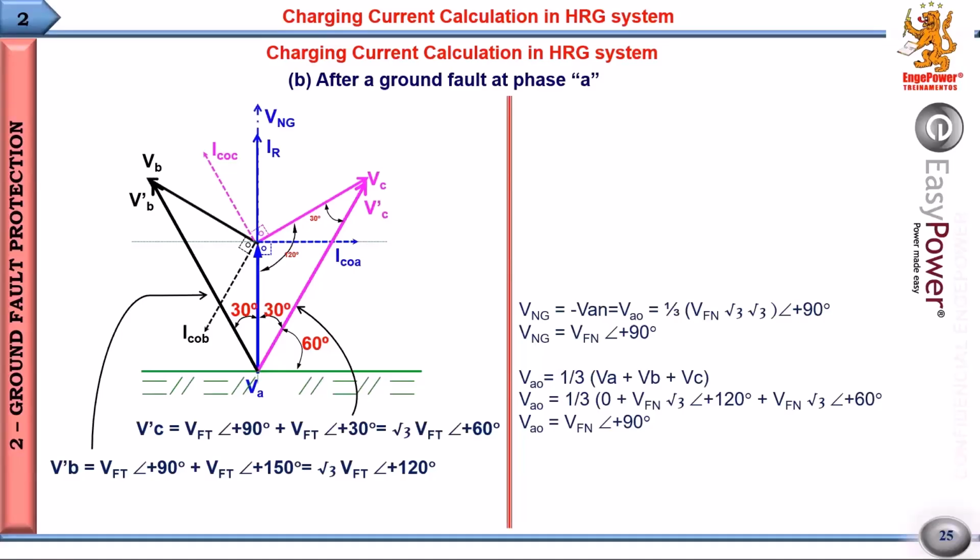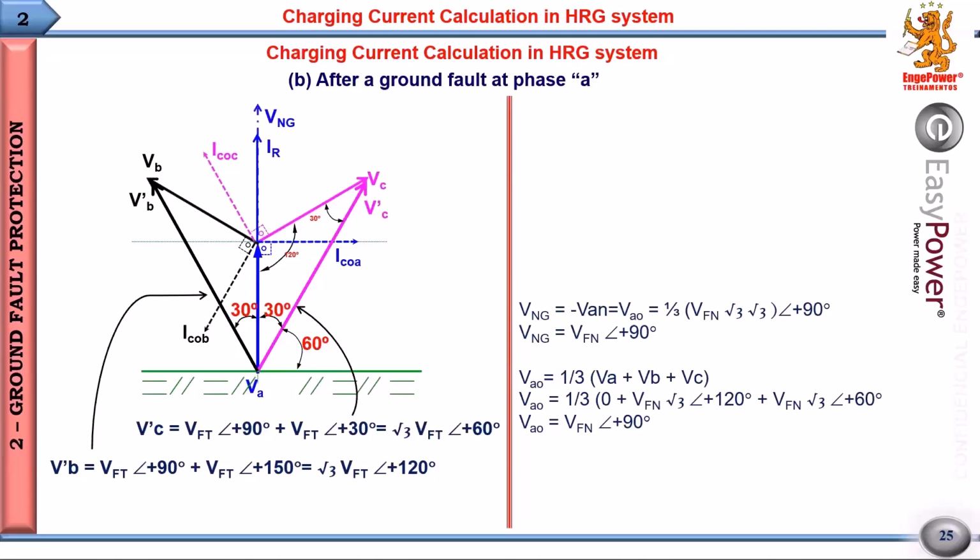Here you're going to have 3 that cancels with the 1/3 here. So we have the line-to-ground voltage with 90 degrees. VNG is at this position here.